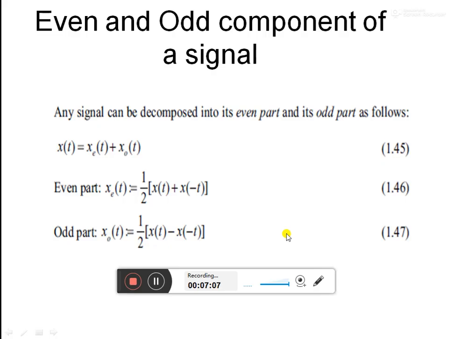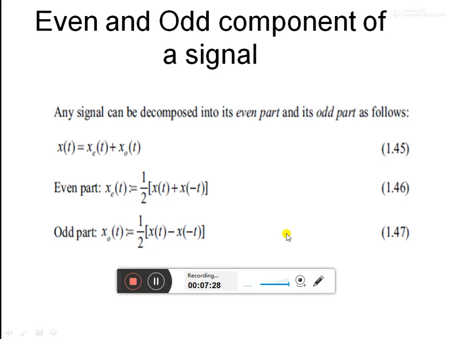And similarly, the odd component of a continuous time signal x of t is represented as xo of t equal to 1 by 2 into x of t minus x of minus t. So these two formulas are used to evaluate the even and odd components of a continuous time signal.